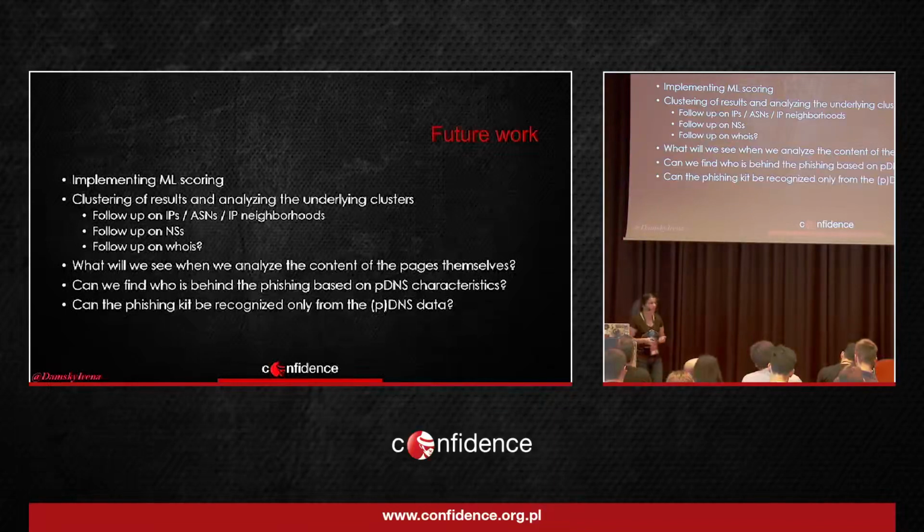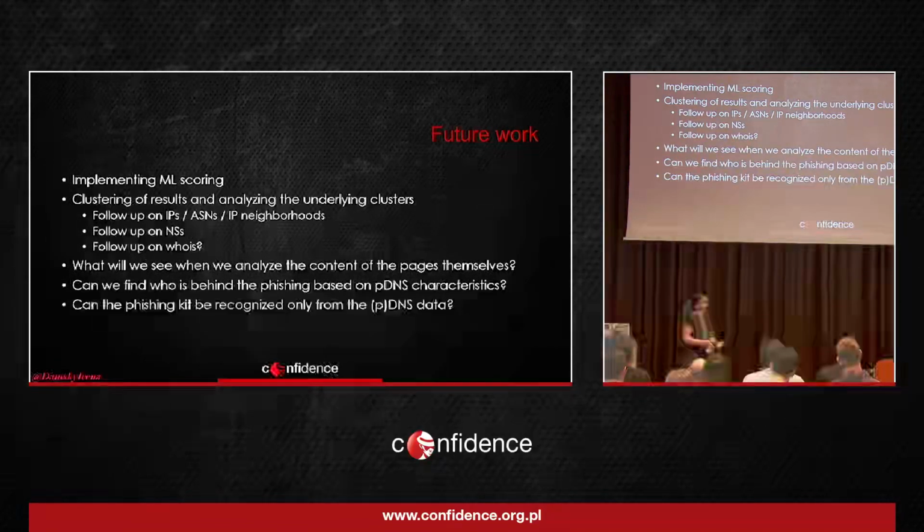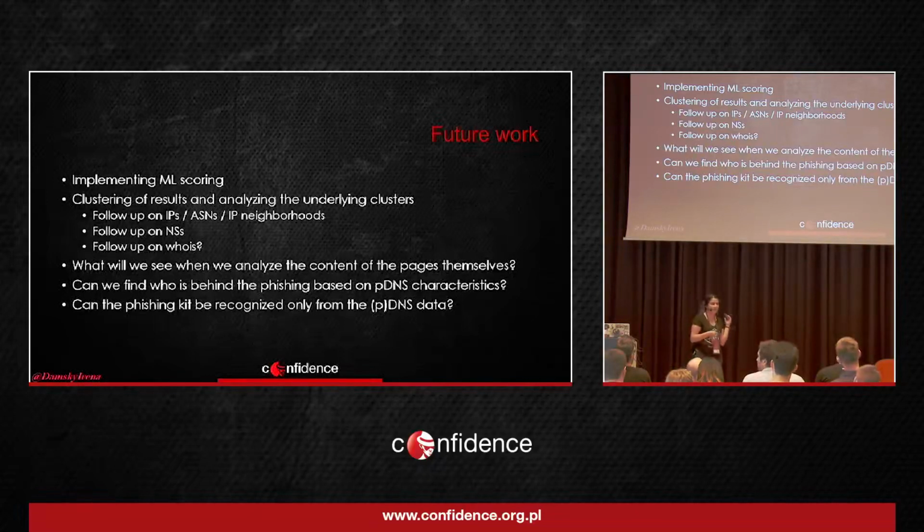I'd also like to see if, based on the DNS data that I've collected, I can actually do some attribution and find who's behind this. Just as an example, I've seen in this example a few dozen domains that had the same beginning. I'm not saying Microsoft.com, I'm saying Microsoft.com.label.label2.label3, something random.